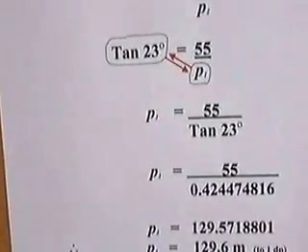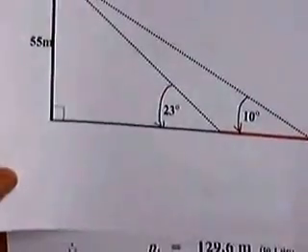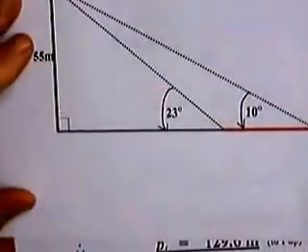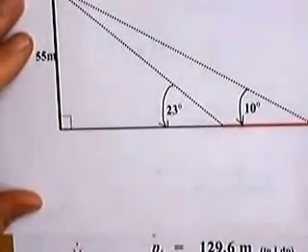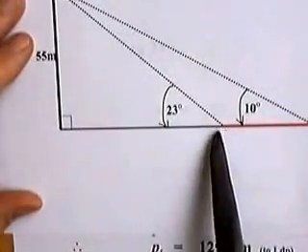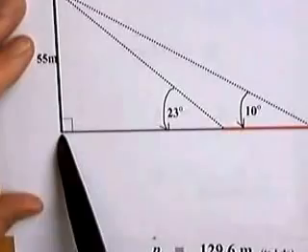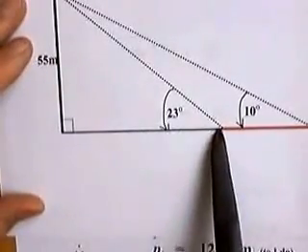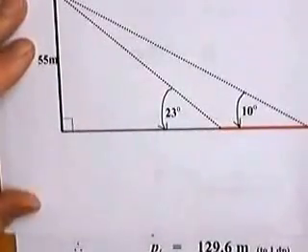In other words, the first prisoner there is 129.6 meters away from the base of the tower. So we found that length there.